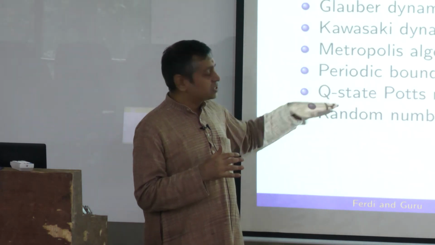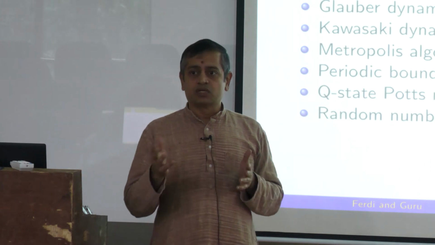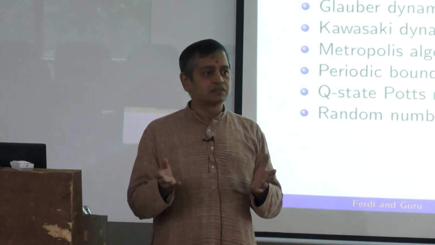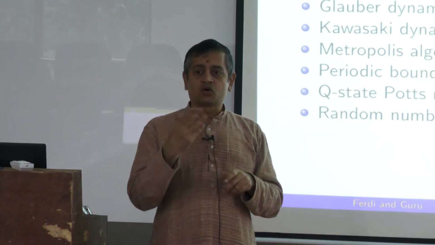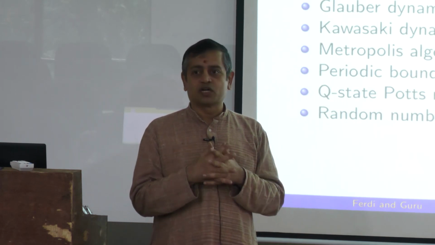There is a generalization to what is known as the Q state Potts model. As you learnt this morning, the number of atoms in a typical grain of 50 microns could be 10 to the power 15, but there are Monte Carlo codes that are used to look at grain growth. So, what type of models are those?